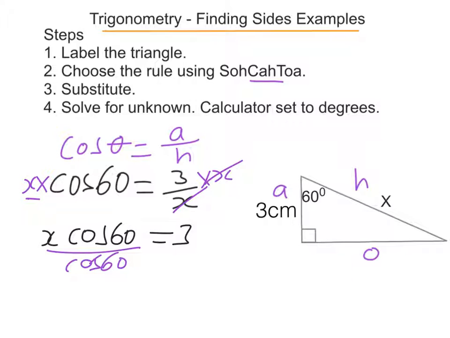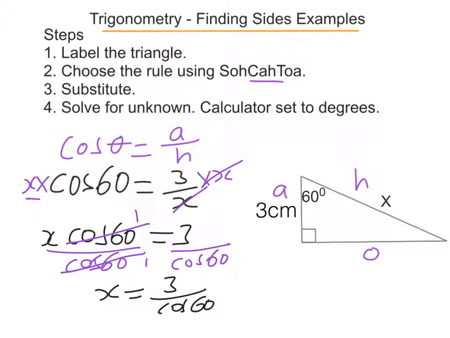Cos 60 is just one number. So cos 60 cancels with cos 60 and goes into itself one time. So that means we end up with x is equal to 3 over cos 60. The answer to that is 3 divided by cos 60. Cos 60 is a half, so 3 divided by a half is 6 centimetres.